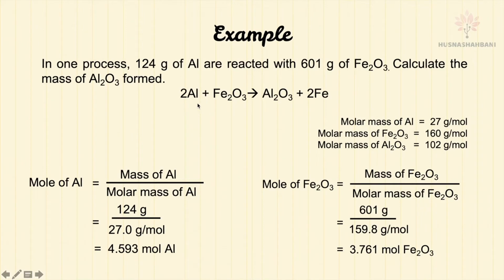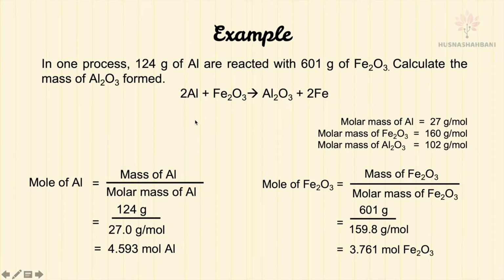Because we have both pieces of information, we only need to compare with one reactant. The reactant that we need to compare is the limiting reactant, the reactant that will be used up first. We are going to use that information to compare with and to get the mass of the product Al2O3.